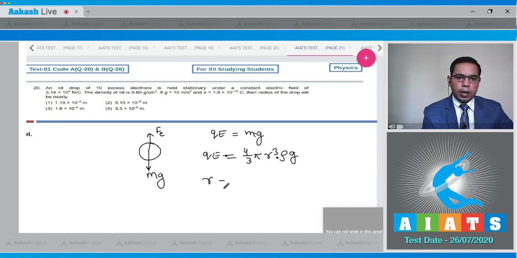We can say that r equal to 3qE divided by 4 pi rho g, whole power 1 by 3.